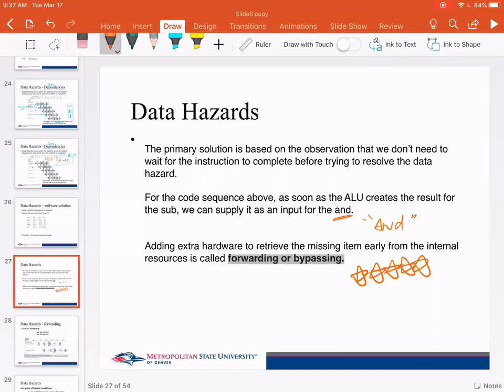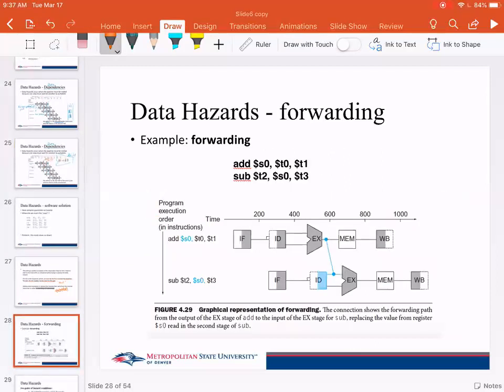For this example, as soon as the ALU generates the result for the subtraction, we can bypass or forward it as the input to the ALU again, and perform the AND. And how will it look like? It will look like this.